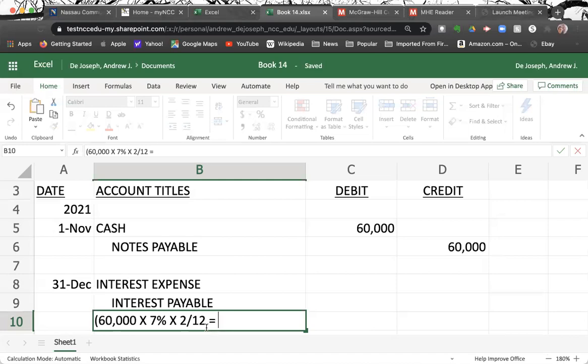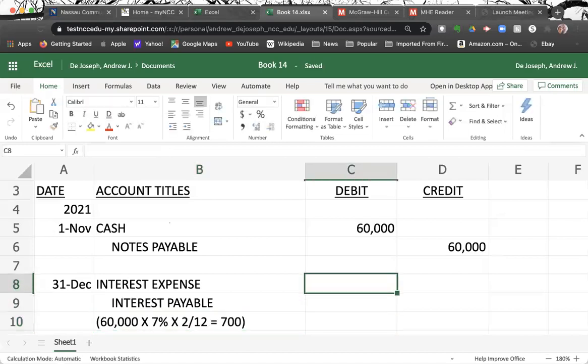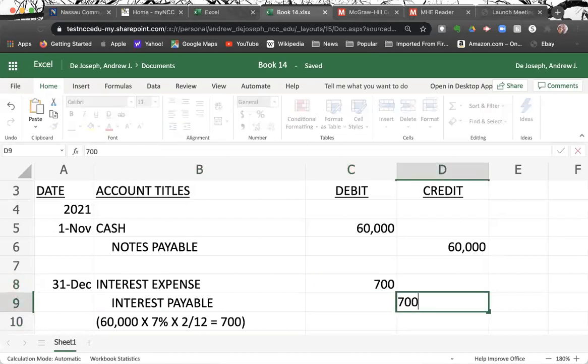So let me take the $4,200 and multiply it by 2, which gives you $8,400, and then divide that by 12. That comes out to a nice, round, even $700. So debit interest expense and credit interest payable, $700.